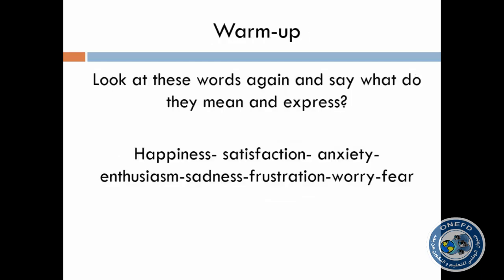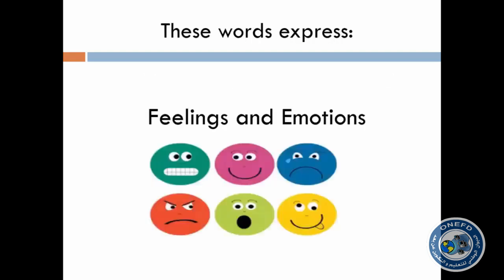What do they mean? When you see or hear the word happiness, for example, what do you think? What does it mean to you? Think about it. Have you finished? So the words happiness, satisfaction, anxiety, enthusiasm, sadness, frustration, worry, and fear express feelings and emotions.